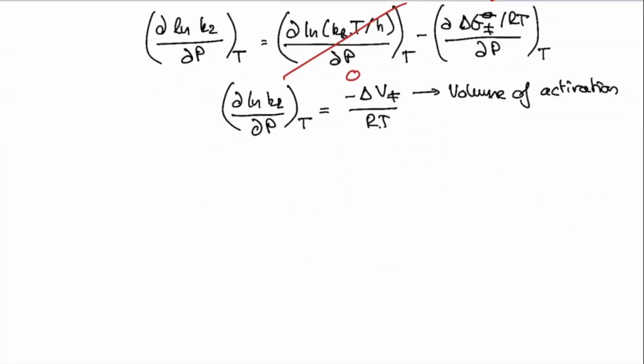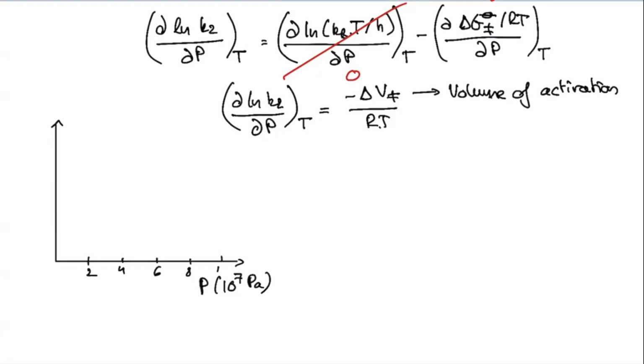Okay, that's fine. Let's look at what kind of impact that would have. So let's say we are performing a reaction at different pressures. I'll just put some numbers so you have some idea: 2, 4, 6, 8, 10.